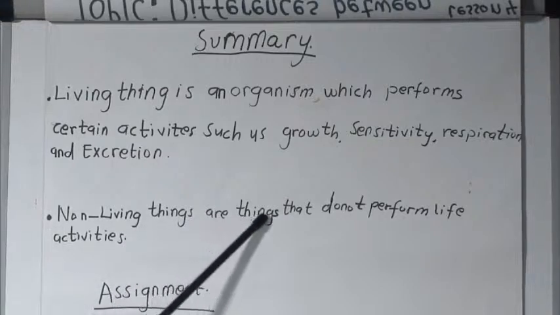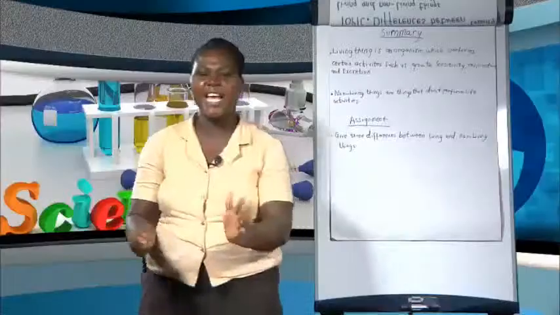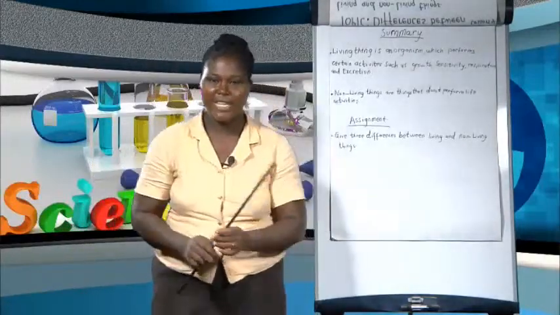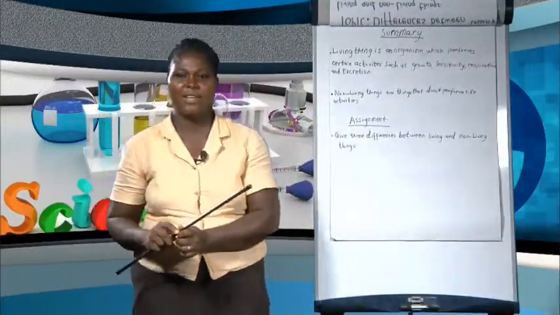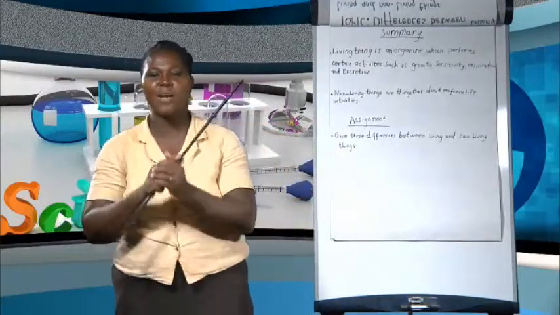Non-living things are things that do not perform life activities. They do not do anything. If you put it there, they will be there. But that doesn't mean they don't have uses. They have their uses. A book, you can write in it. We use a cup to drink water, a bowl to eat in.